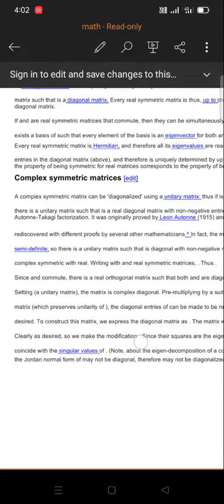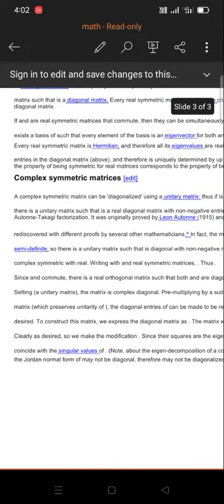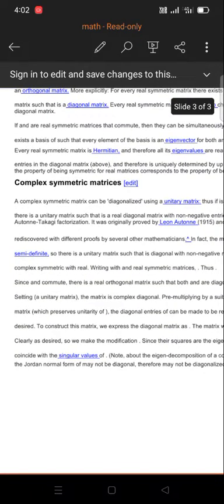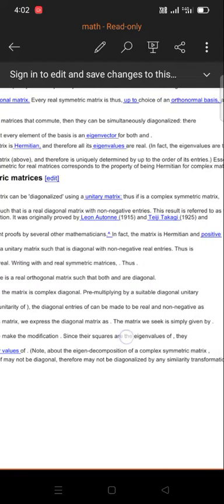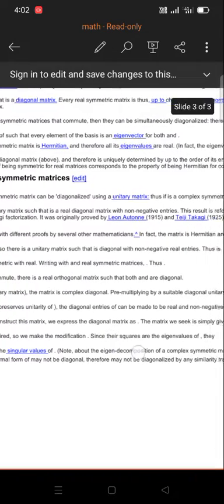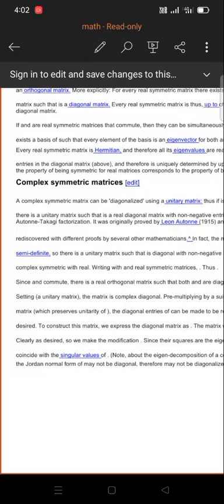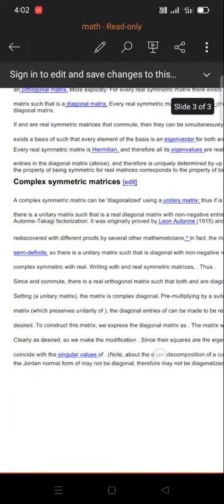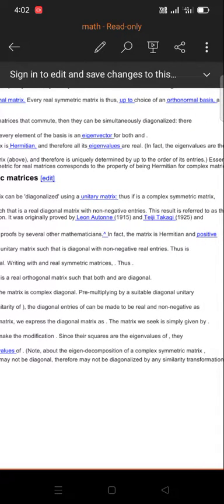Thus C equals V transpose A V is complex symmetric with C* C real. Writing C = X + iY with X and Y real symmetric matrices, since X and Y commute, there is a real orthogonal matrix W such that both W X W transpose and W Y W transpose are diagonal. Setting U = W V transpose, the matrix U A U transpose is complex diagonal. By multiplying by a suitable diagonal unitary matrix, which preserves unitarity of U, the diagonal entries can be made real and non-negative as desired. To construct this matrix, we express the diagonal matrix and the matrix we seek is simply given.